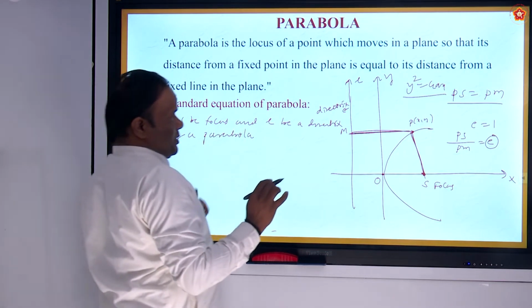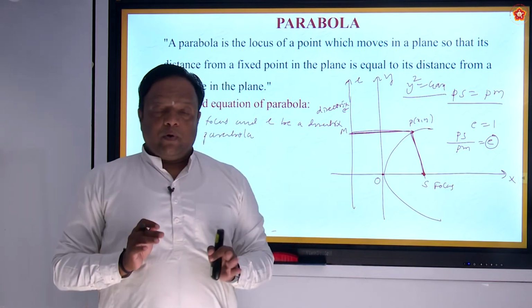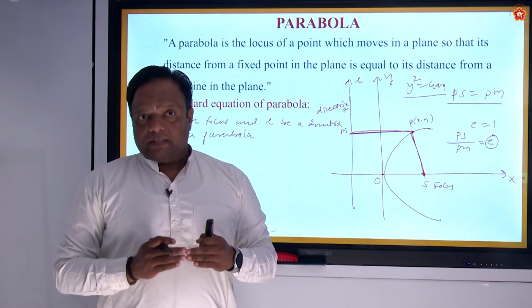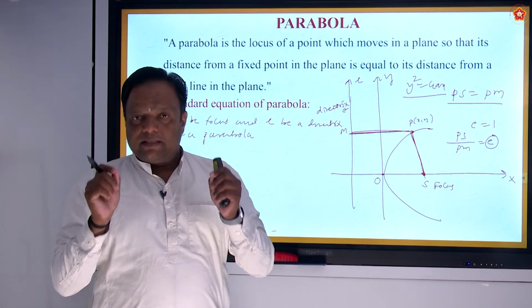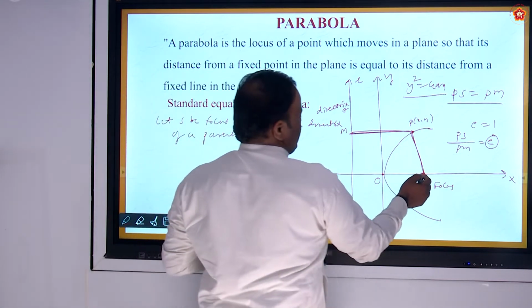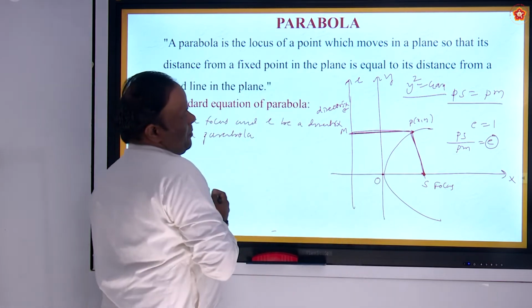Okay. First, you write focus and directrix, which is very important when we study the conic section. Two conditions are very important. Let S be the focus and L be the directrix of the parabola.